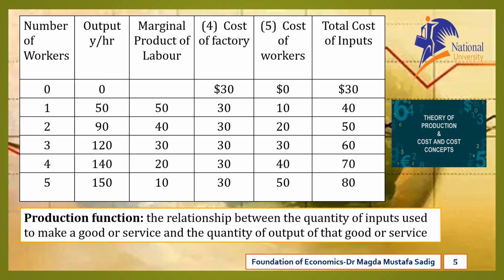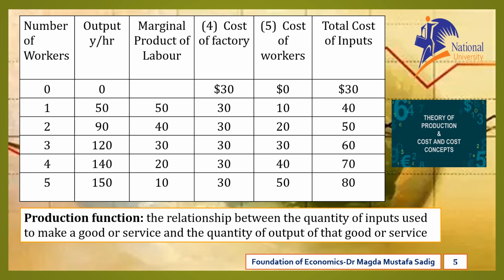The price of a factory is 30. Since it's fixed, it will be fixed at all levels of production. This is the total cost of factory, while the cost of workers is changing, it is variable.